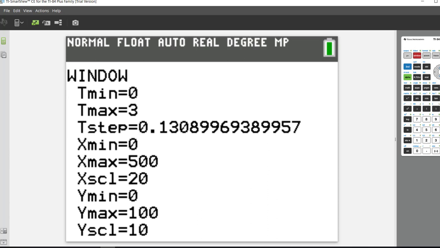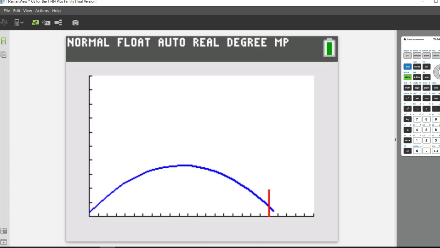I left the step alone, and I set my window for 500 for the X, so I knew I was past the 400, and my Y for 100. I knew he wouldn't hit it more than 100 feet in the air. And so when I do that, I get this graph, and so you can see the wall and the ball's curve, and you can see that the ball does not clear the fence, or the wall.